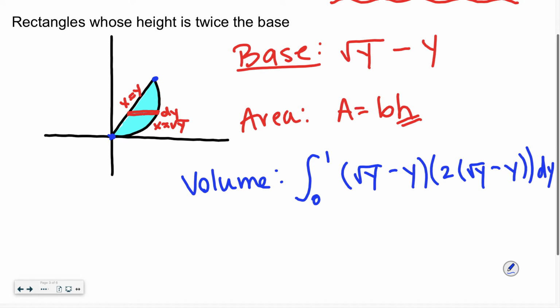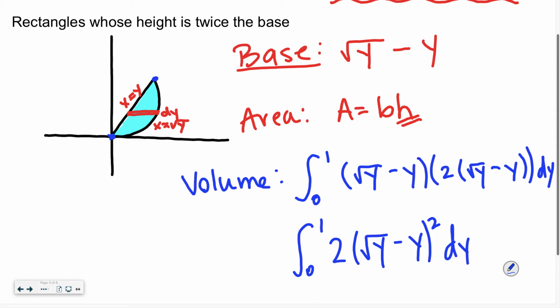So here is my base, and 2 times the base is my height. You can leave it like that, or if you want, feel free to rewrite it as 2 times the base squared, because that's what's happening. But I'm okay either way. And then from here we can find our volume. Go ahead and do that in Math 9.